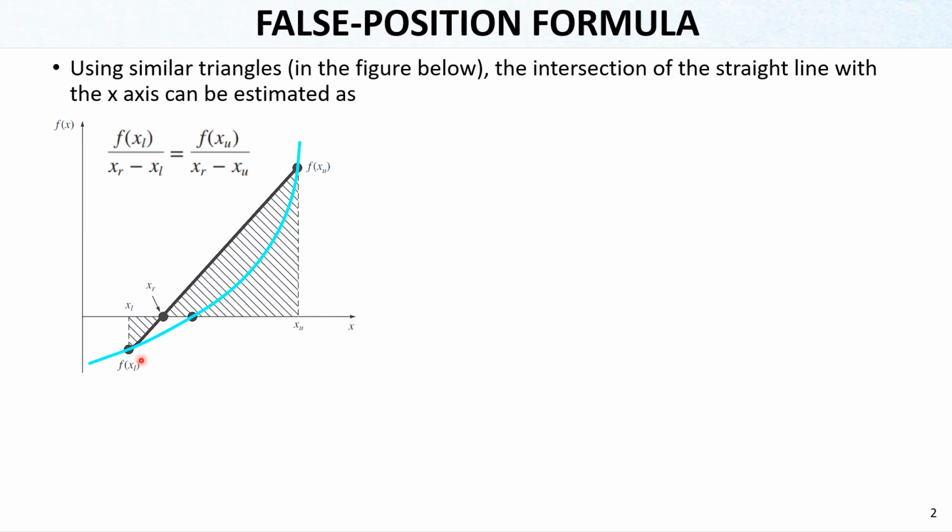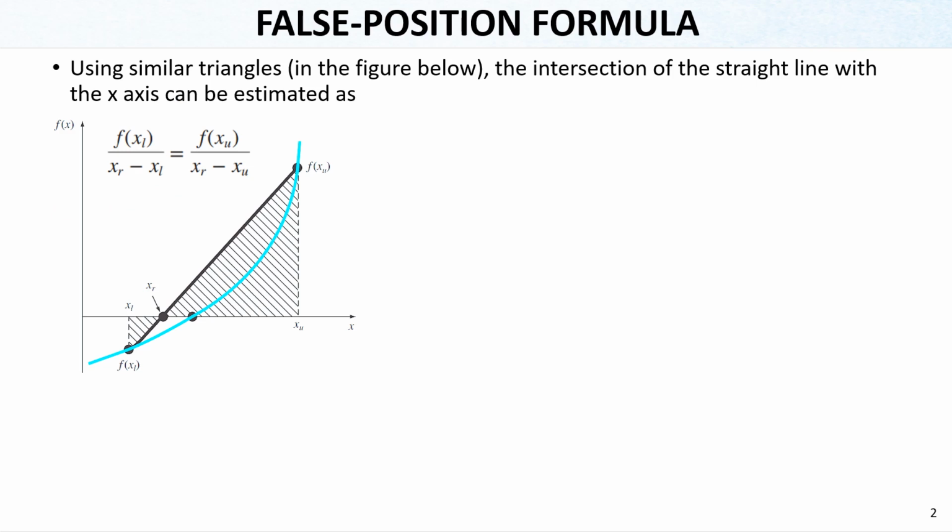The similarity shows that f(xl), the y-axis here, divided by xr minus xl, the horizontal, is equivalent in ratio to f(xu) divided by xr minus xu. This formulation gives us the actual formula for the false position.